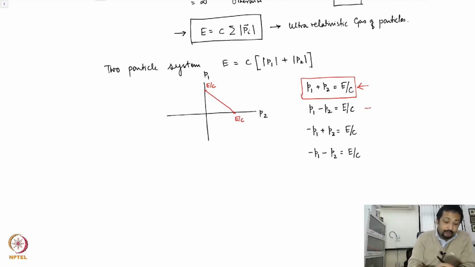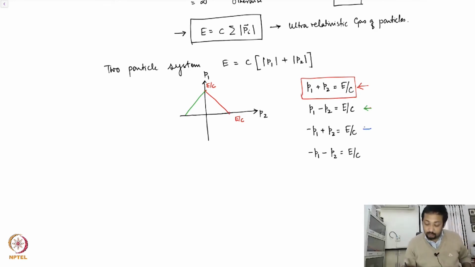Similarly for the second one, when p2 is equal to 0, p1 is E over c, and when p1 is equal to 0, p2 is minus E over c, so I have this line. Let's make sure that the arms have equal length, and then we say that this is going to be E over c.